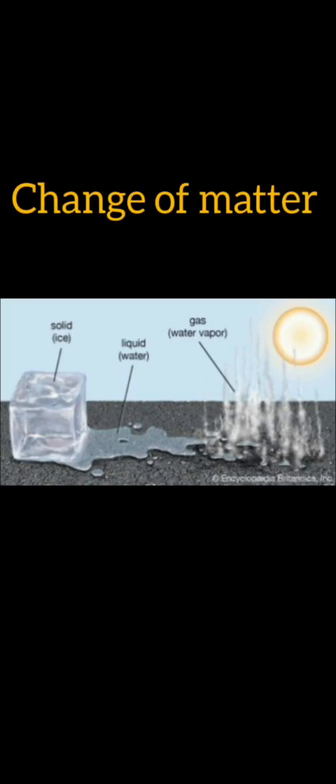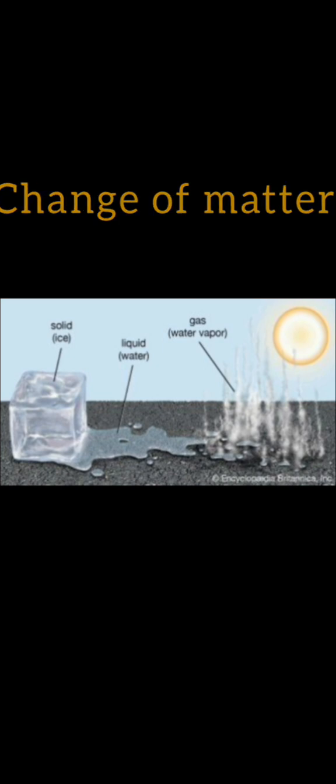Matter changes state. We all know from our observation that water exists in three states of matter: solid as ice, liquid as familiar water, and gas as water vapor. Effect of change of temperature. Take about 150 gram of ice in a beaker and suspend a laboratory thermometer so that the bulb is in contact with ice, as shown in the image.